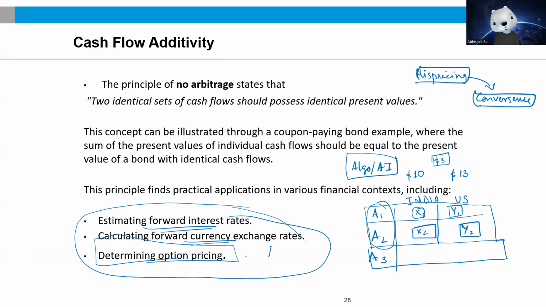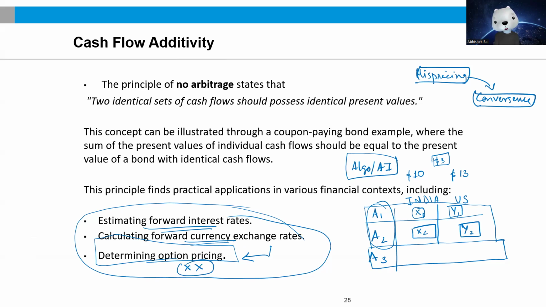Specifically, I have excluded this portion, although it is contained in your LOS, in the quants curriculum. But I believe that option pricing is best understood when we learn derivatives. So in particular, I'm going to exclude this with the disclaimer that it's going to be covered in our derivatives section. I hope that you pardon me for that.